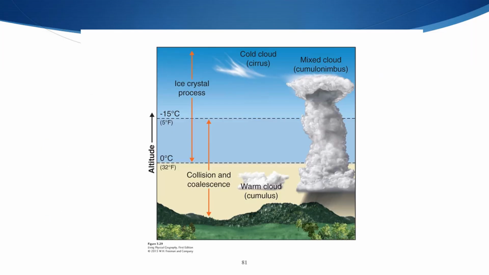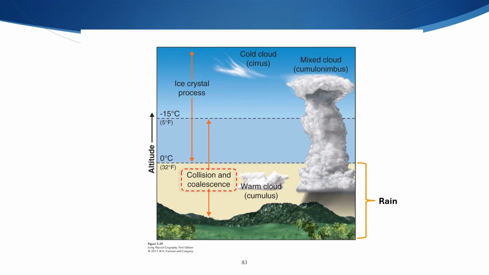So here we have a cross section of the atmosphere. Notice the temperatures that are marked here, 0 degrees Celsius and negative 15 degrees Celsius. From 0 degrees Celsius and up, warmer, we get that collision coalescence process. We have warm clouds. This region is going to produce rain.